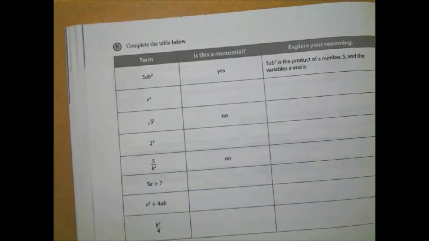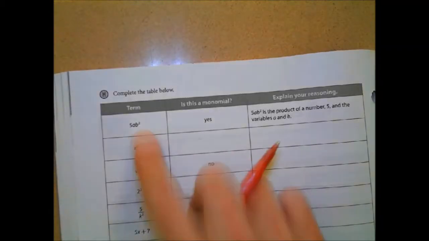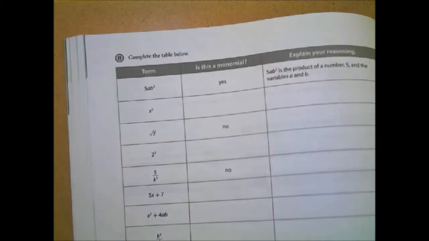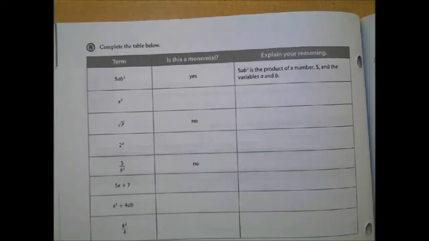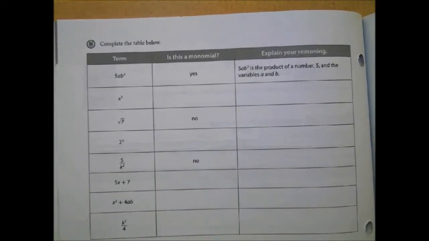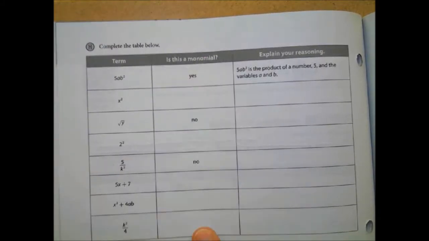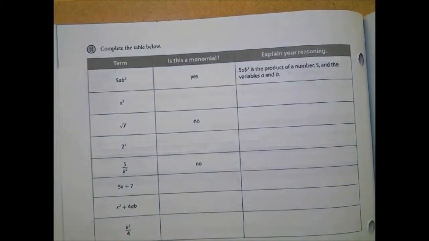All right, we've got 5ab squared. Whoops, I got to zoom out just a skosh. Okay, so we've got our terms or expressions here. We're asking, is it a monomial? And then we're asked to explain. So let's go through it here. Let's go to Simon. X squared.